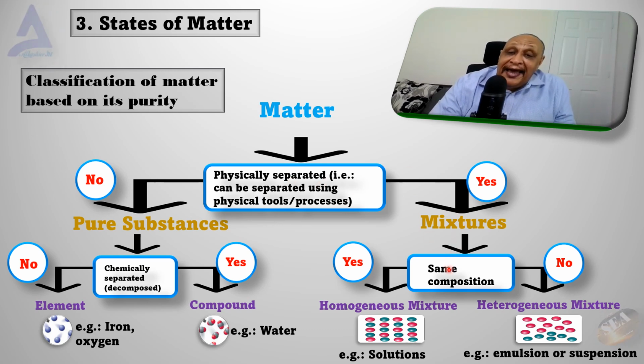Now if I have a mixture with the same composition, that means it is a yes answer. I have a homogeneous mixture. What I mean by the same composition is, if I take a representative sample from any part of it, it is going to have the same constituents and the same percentage, like this one.